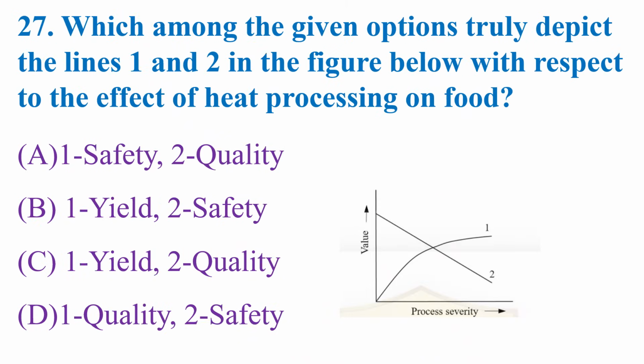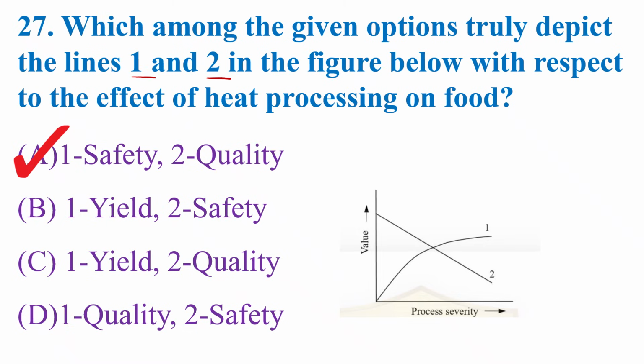Which among the given options truly depicts lines 1 and 2 in the figure below with respect to the effect of heat processing on food? So first, the x-axis is about the process severity, meaning it tells us how intense the heat treatment is. If we use more heat or more time, that means more severity.